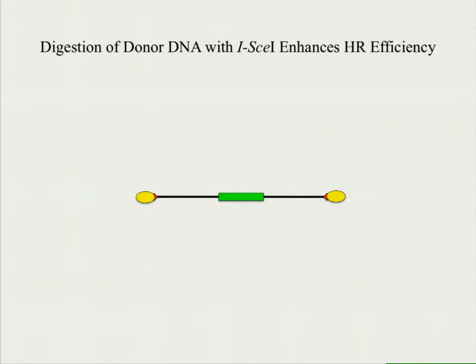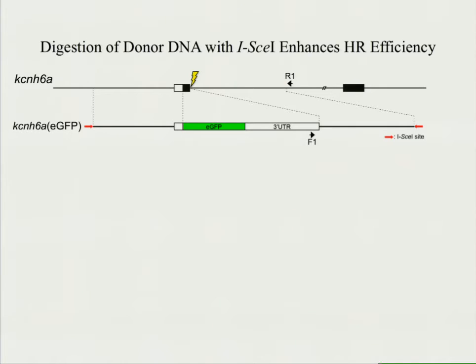So we expected the bound ICE1 could protect the donor DNA from degradation or concatenation in the zebrafish embryos. To test these ideas, we prepared a donor plasmid that integrates a GFP reporter into exon 1 of the KCNH6A gene.